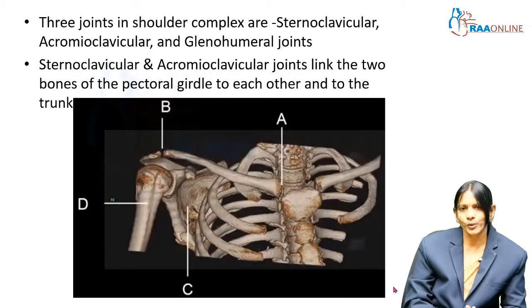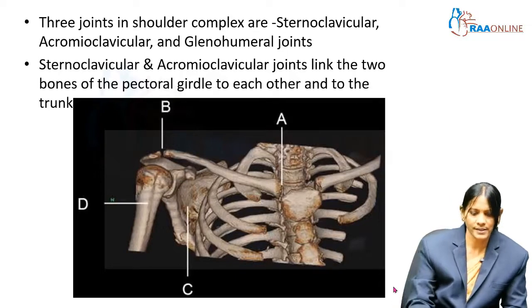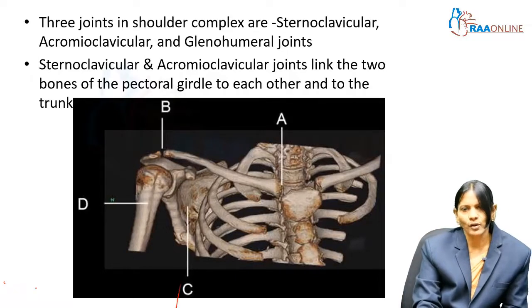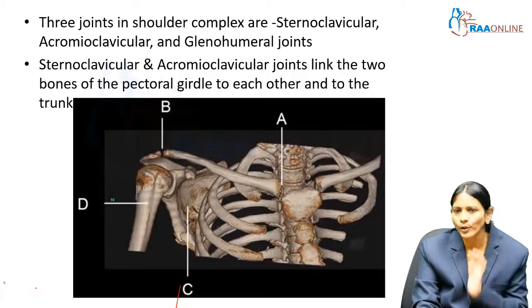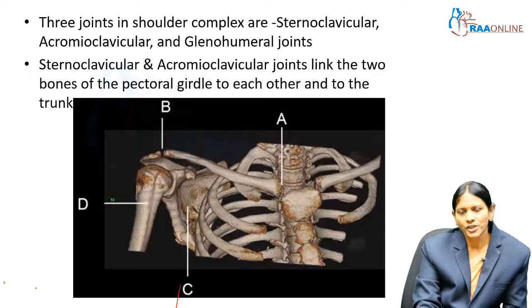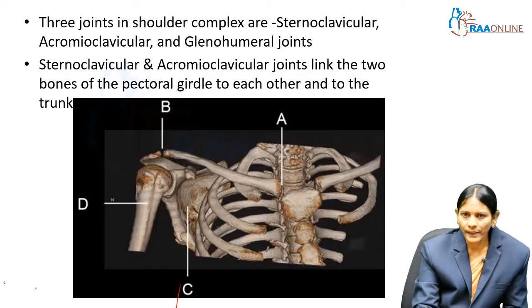As I just mentioned, there are 3 joints in the shoulder complex, namely the sternoclavicular, acromioclavicular and the glenohumeral joints, of which the glenohumeral joint is a separate topic by itself. We will be able to see this is the region of the acromioclavicular joint, where the acromion process and the clavicle are united.